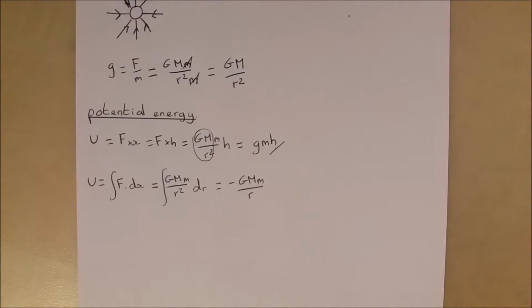This means that the potential energy is negative when you're close to a body, because gravity has done work to bring the test mass in from infinity to a position r.